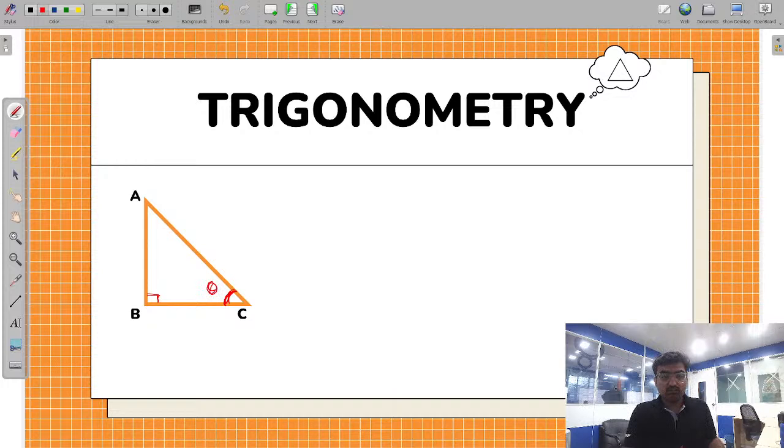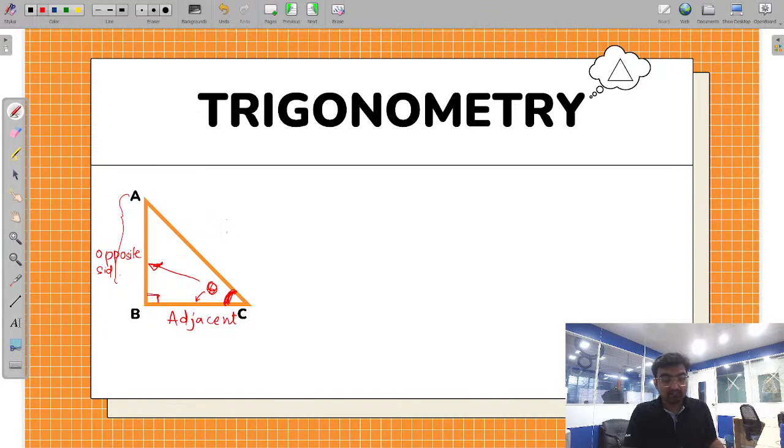Now if I'm talking about angle theta or angle C, this is the opposite side, correct? For angle C, side AB is the opposite side, correct? And for the same angle C, this side BC is adjacent, right? Because it's just adjacent to the angle.